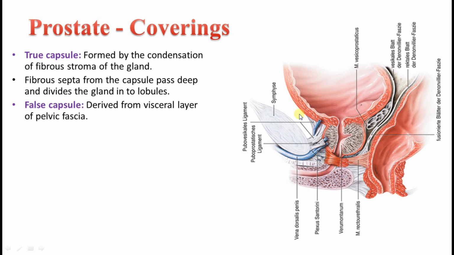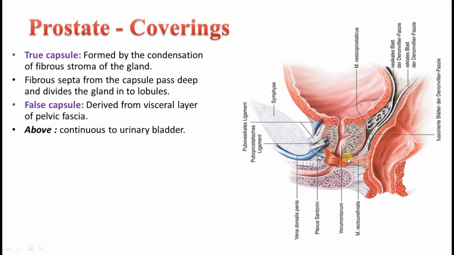This visceral layer is continuous with the false capsule of the urinary bladder. So the false capsule of the prostate, derived from the visceral layer of pelvic fascia, is continuous with the false capsule of the urinary bladder above.